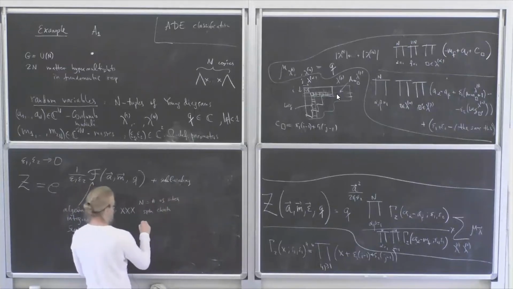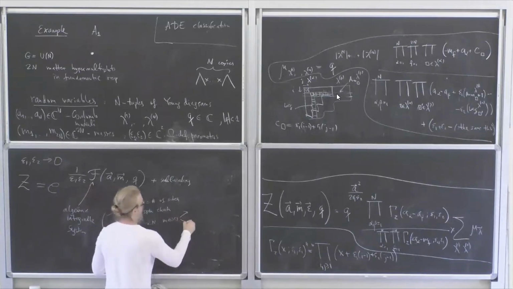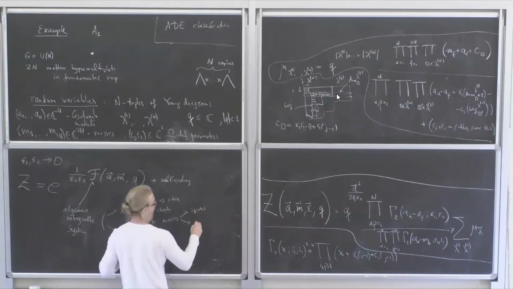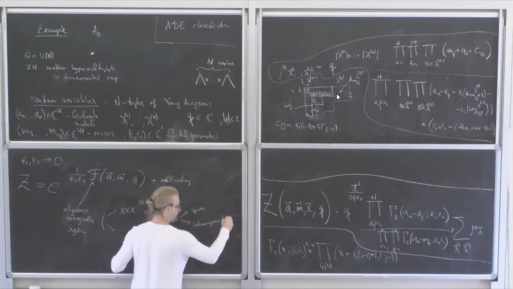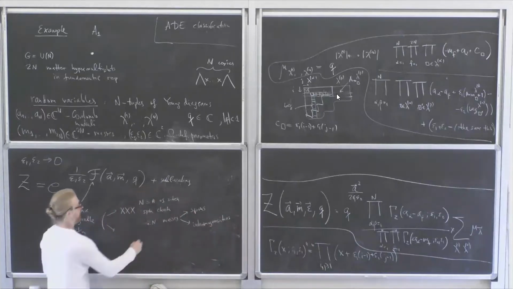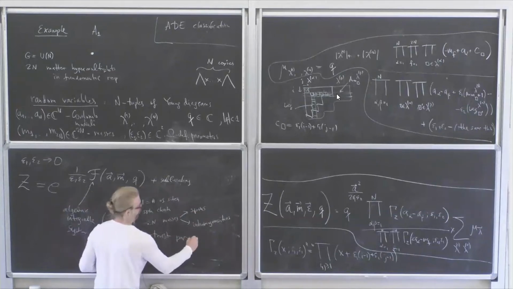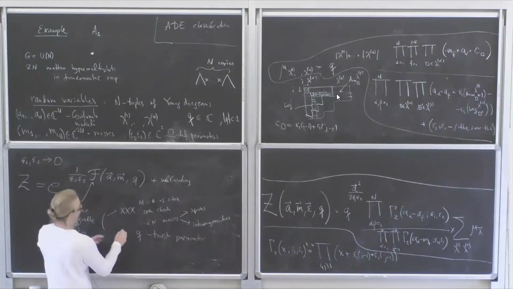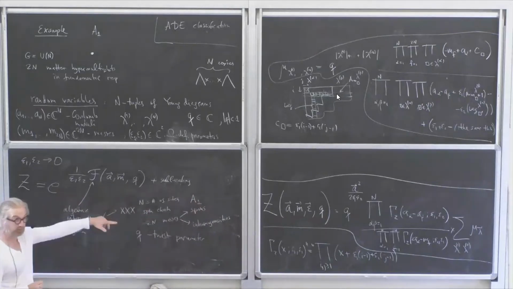And so the 2n masses give n spins and n inhomogeneities, and Q being the twist parameter. So it's XXX spin chain based on the Lie algebra of SL2, so A1. That's the same A1 I started with.